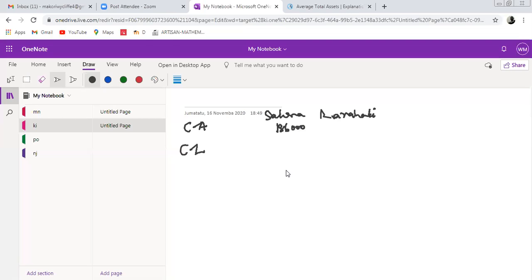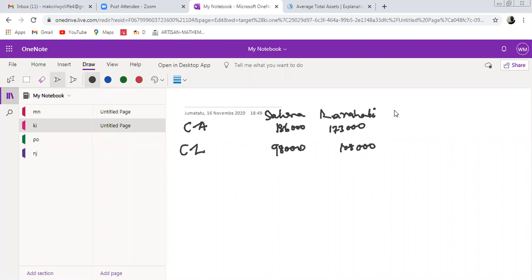The assets are 87,000, 42,000, 44,000, which gives 173,000. Now the current liabilities. Sorry, the long-term liabilities, the current liabilities we are given there. They are just 98,000 for Sahara and 108,000 for Kalahari.